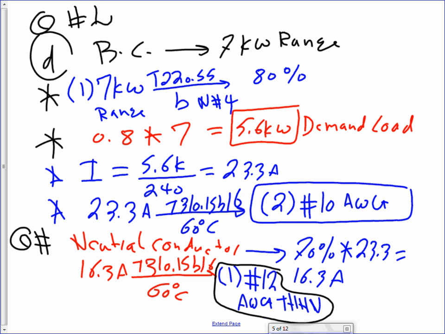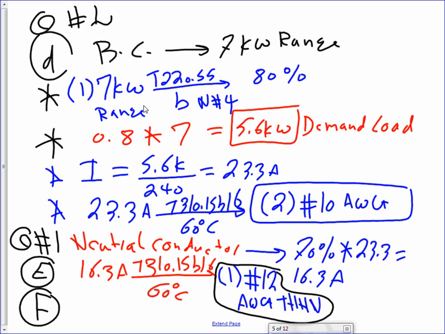Question number 1E, and what was the overcurrent protection device? It's F. F is the overcurrent protection device, right here. I'm going to make F right at the bottom here. Can you see it? So easy.